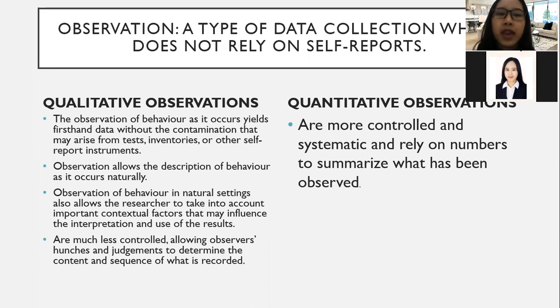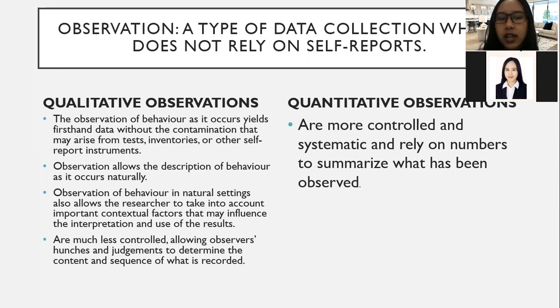The observation of behavior yields first-hand data without the contamination that may arise from tests, inventories, or other self-report instruments. And observation allows the description of behavior that occurs naturally. Observation of behavior in a natural setting also allows the researcher to take into account important contextual factors that may influence the interpretation and use of the result.